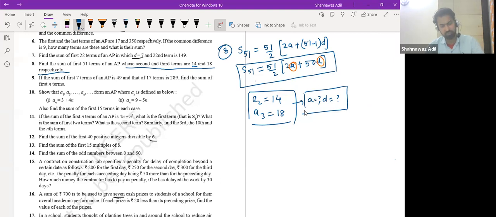I used an is equal to a plus n minus 1 into d, and I wrote a2 is equal to a plus 2 minus 1 into d, which is equal to a plus d. So A plus D is 14. A3 is A plus 2D, which is 18. These are the two equations. Now you have to solve these two, right? So solve these two and see what you will find.